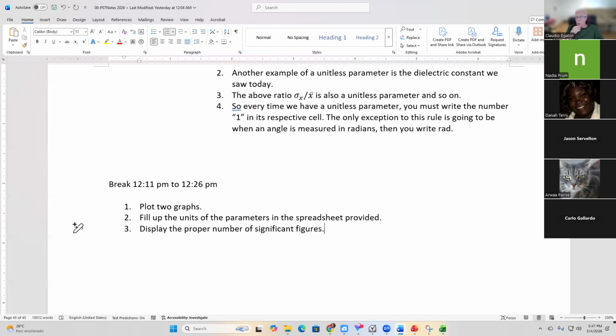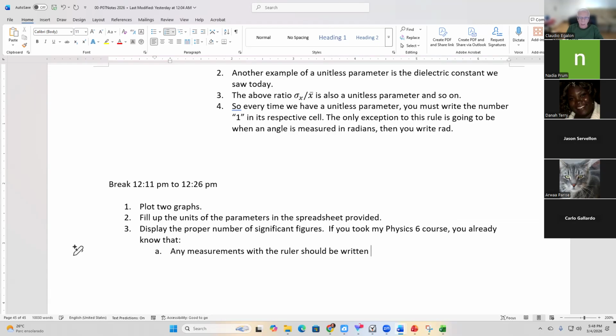If you took my course, Physics 6, you already know that, 1, any measurements with the ruler should be written up to the decimal place of the millimeter.